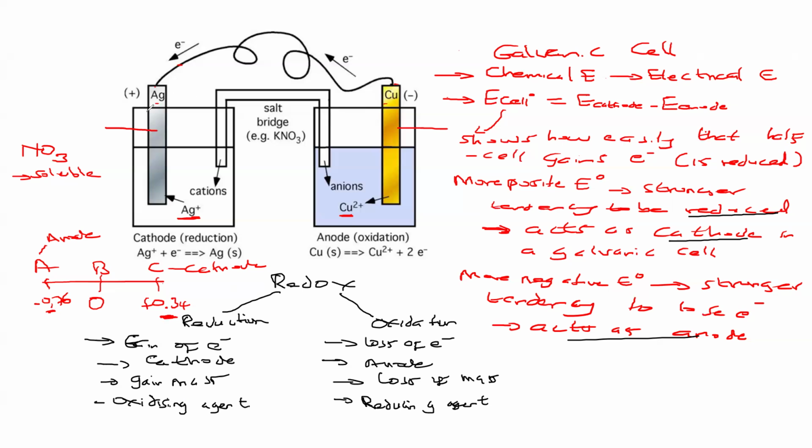So it means silver is undergoing reduction because it's gaining electrons. Then it means silver will gain mass. All right, but the copper, because it is undergoing oxidation, you keep on breaking it down.